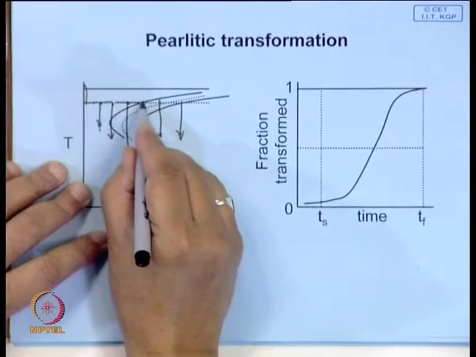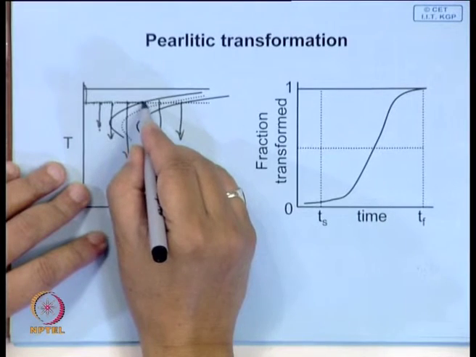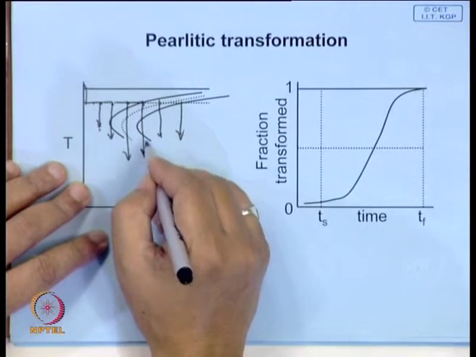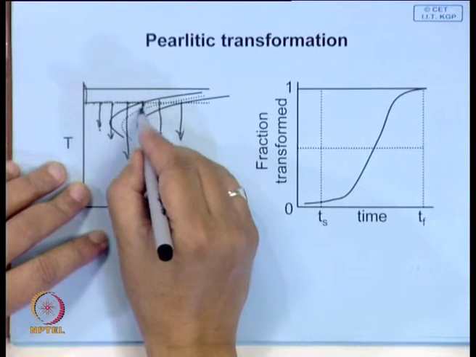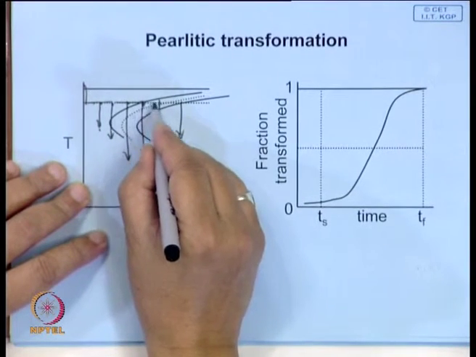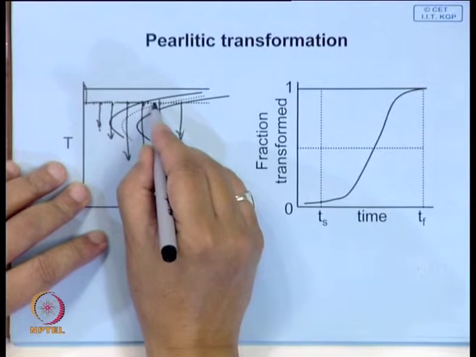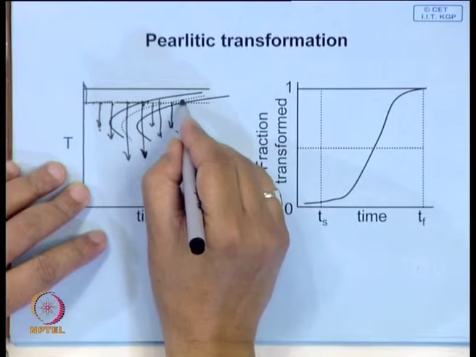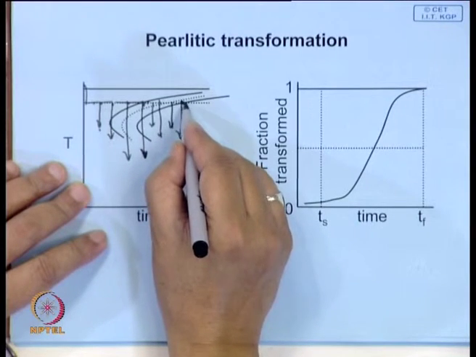So, in all these cases it will have the maximum hardness, and once pearlite starts forming, the hardness will start dropping and you will get a different microstructure, that is pearlite you will be able to see. Amount of pearlite will go on increasing and it will reach nearly 100% over here.